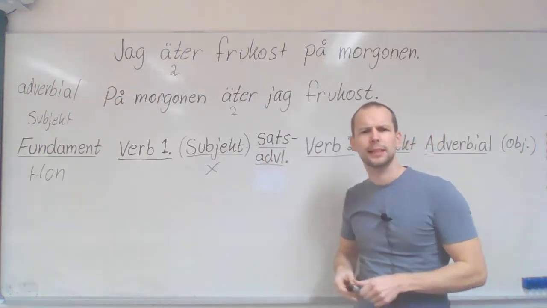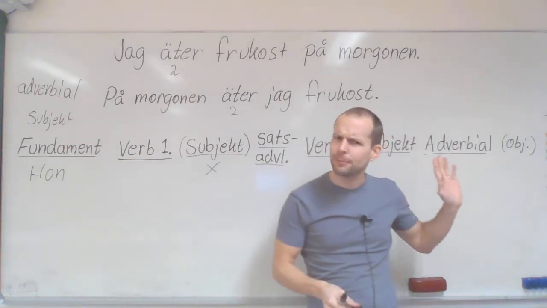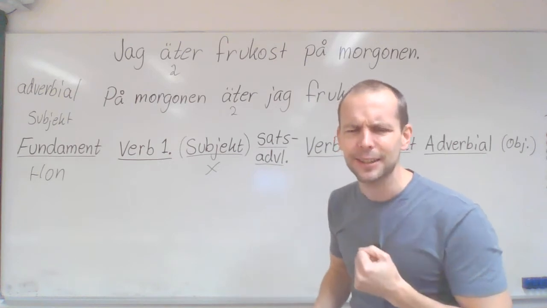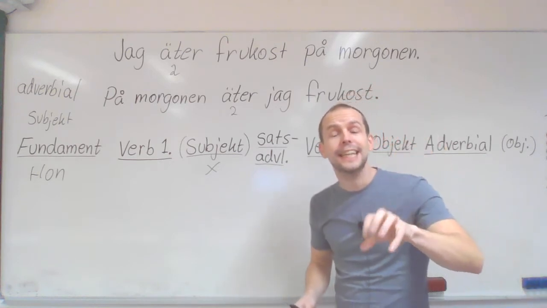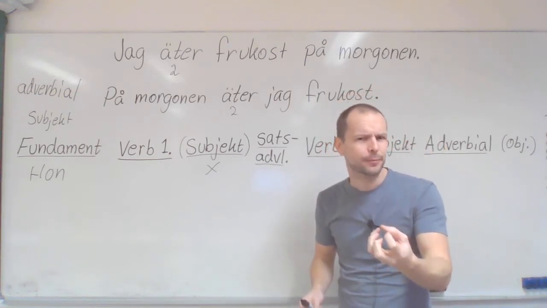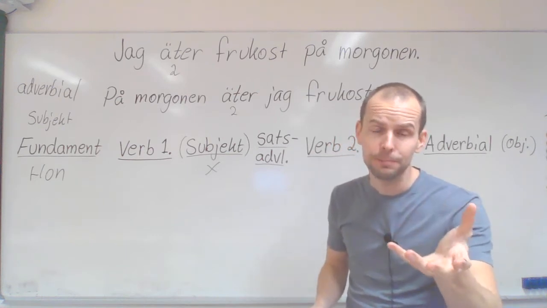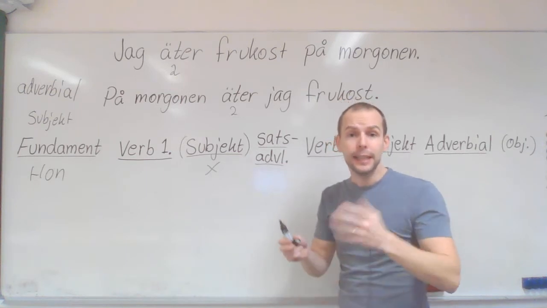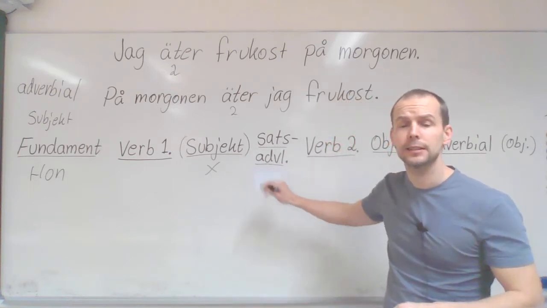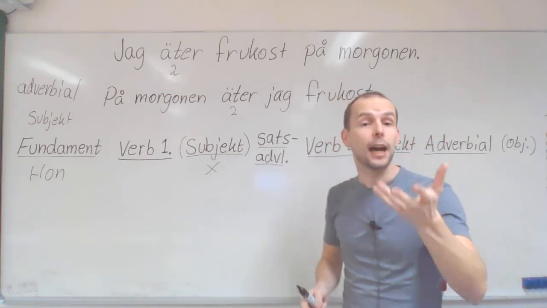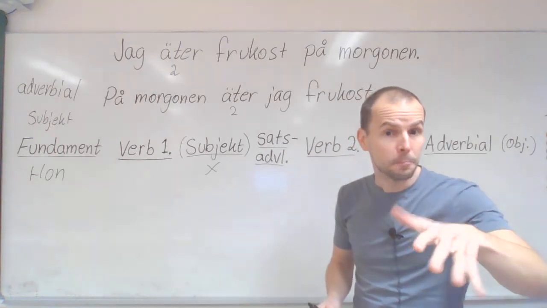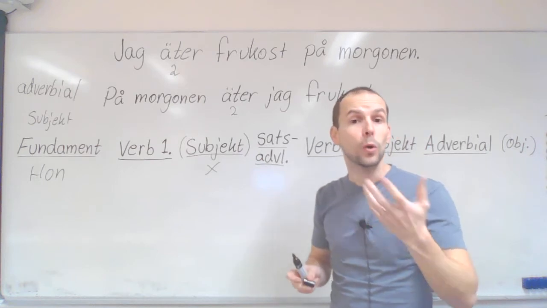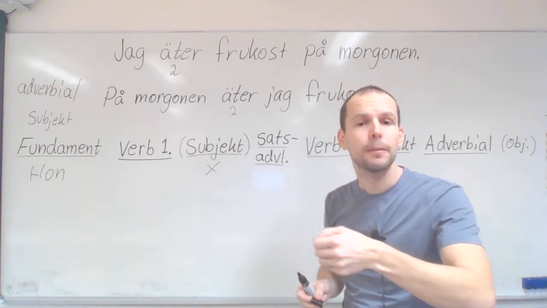After this place, we have something called satsadverbial. So adverbial, but it's a special kind. Words like inte, which means not. I am not. Jag är inte. Inte comes in this place. Words like kanske, maybe, kanske comes in this place. Always, never.